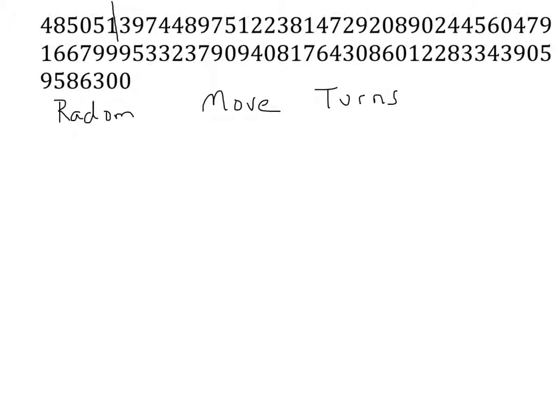My next random number is a 3. That means I move 3 spaces, and that is my first turn. My next random number is a 9, so I skip it. It doesn't count as a turn. My next random number is a 7. Skip it. My next random number is a 4. That means I move 4 spaces, and that is my second turn. So right now I've moved a total of 7.